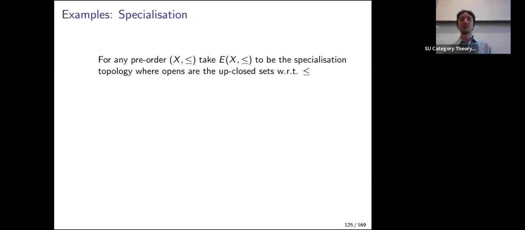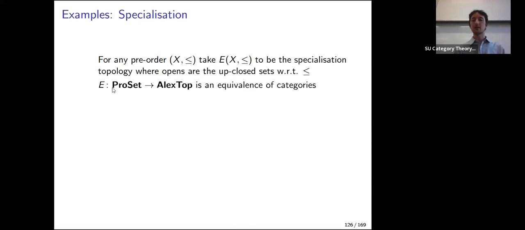Okay, cool. So let's try and transport one of these examples. For any preorder, we can associate a topology. The specialization topology would be one with the same underlying set, but the opens are the up-closed sets with respect to our preorder.